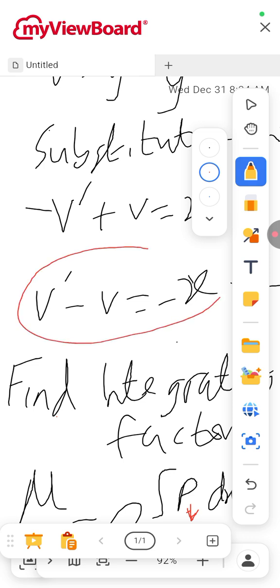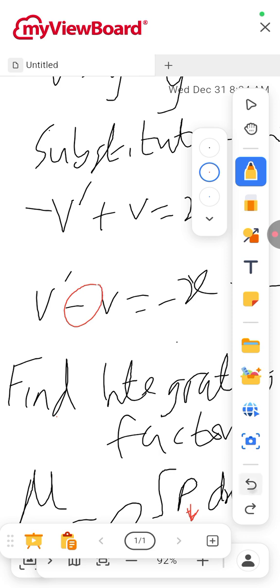And what's that p? That p is the coefficient of v, which is -1. There's a visible 1 here. So that p in the integrating factor is the coefficient of v, which is -1.